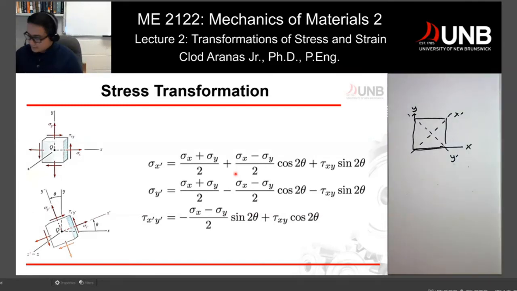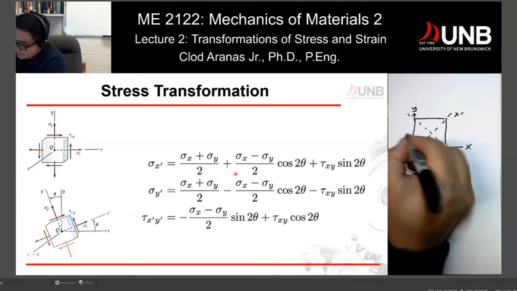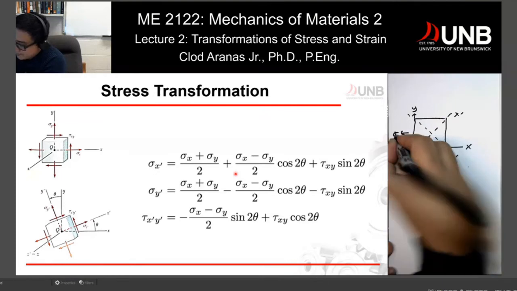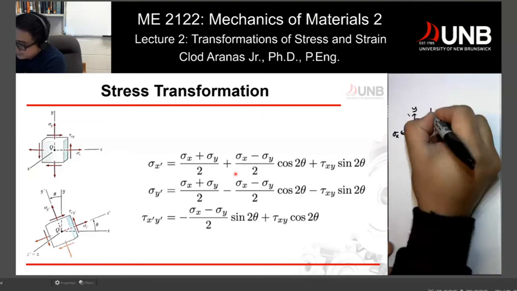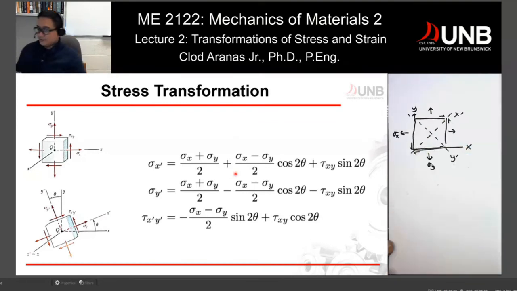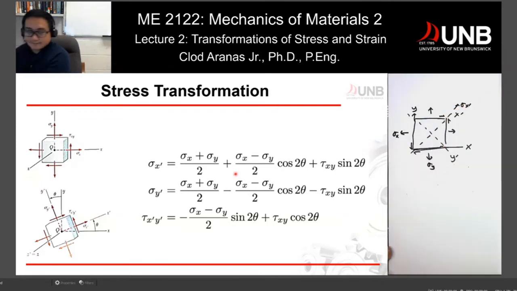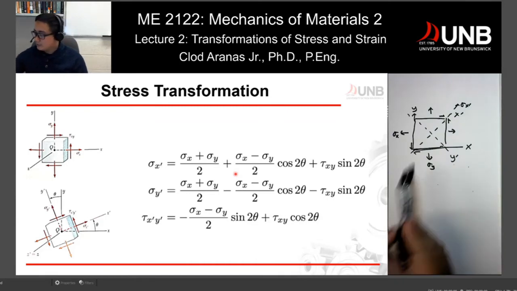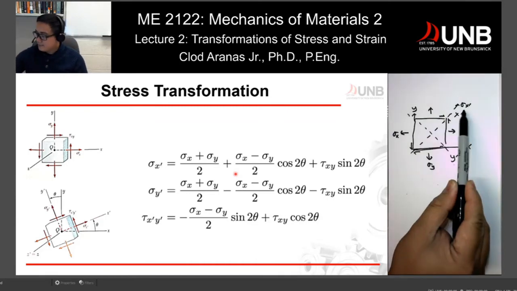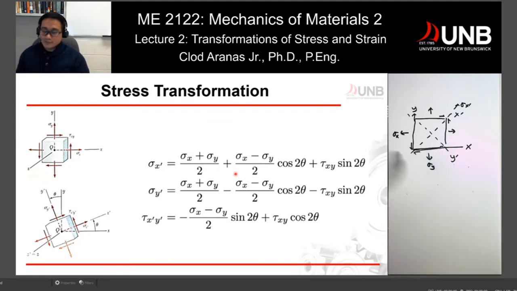Now, when you talk about stresses, initially you have sigma y here, you have sigma x here. Of course, it has to have a component on the other side to make it in equilibrium. So once you have this state, you want to get what would be the equivalent stress at that specific rotated axis. So you want to determine the sigma x prime, and of course, later on, you want to determine what would be the equivalent in sigma y prime.